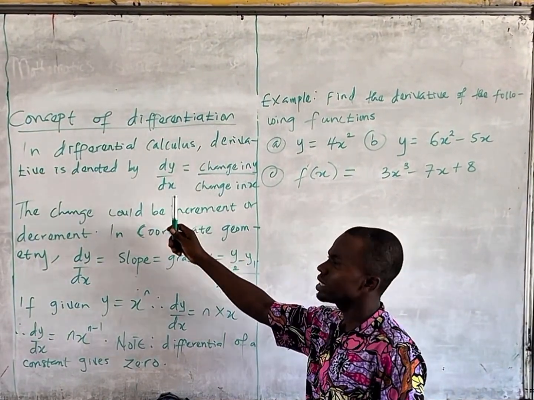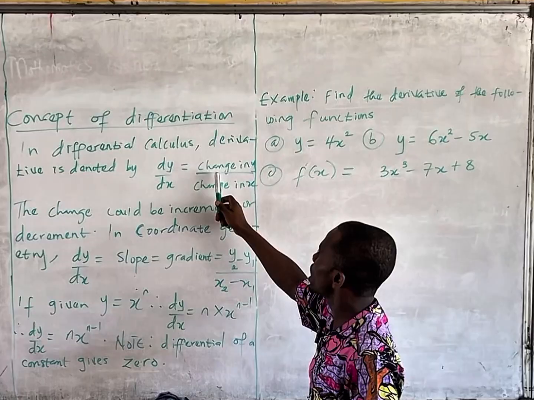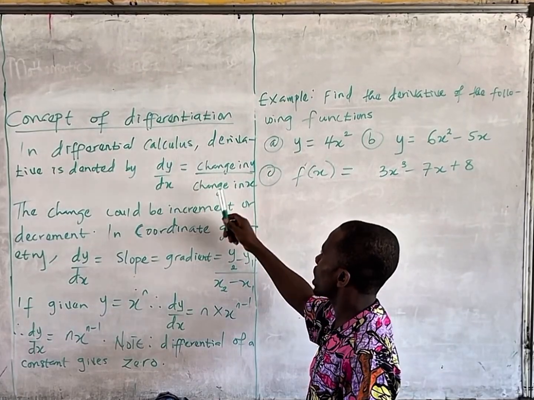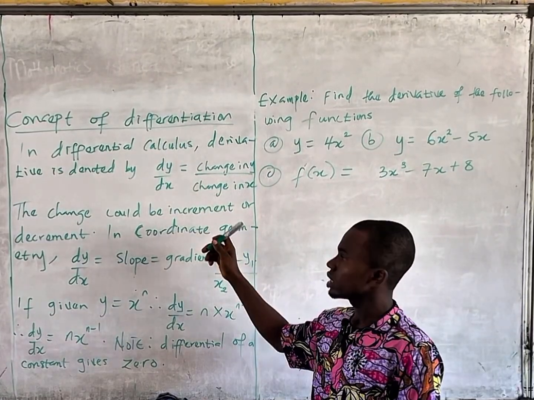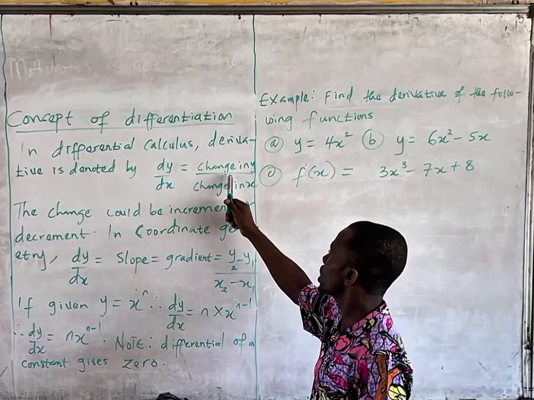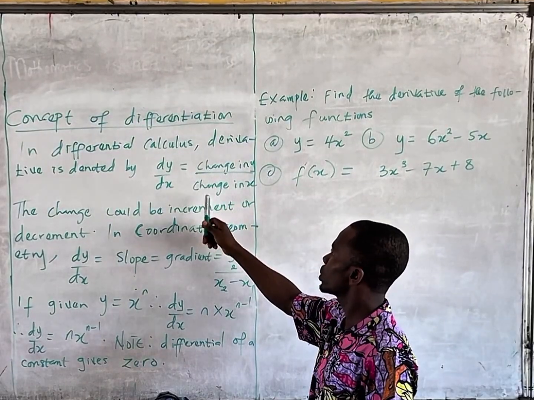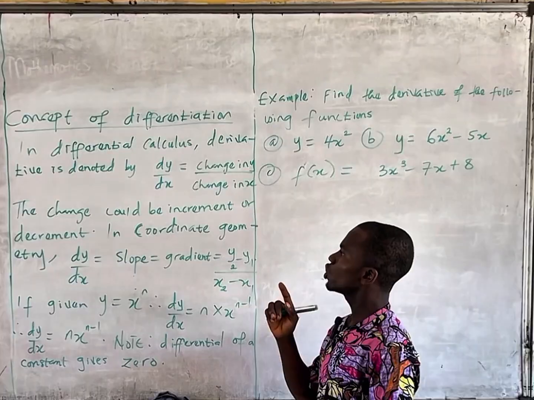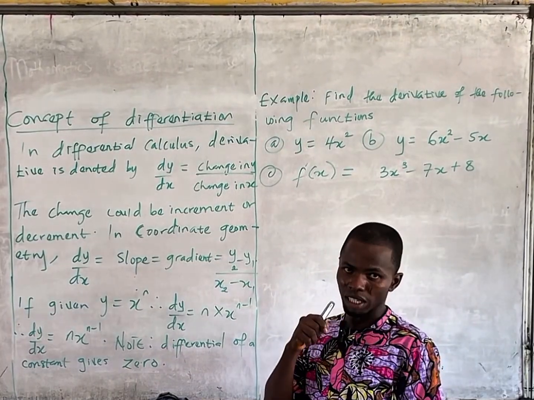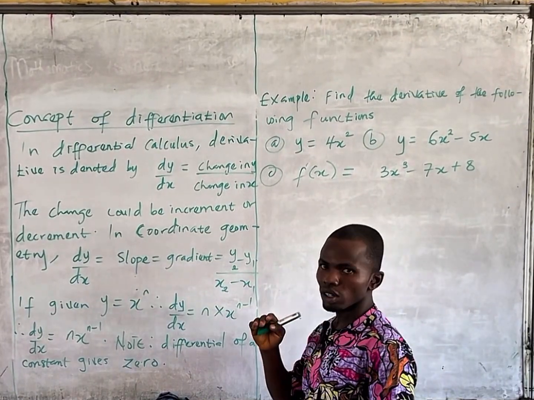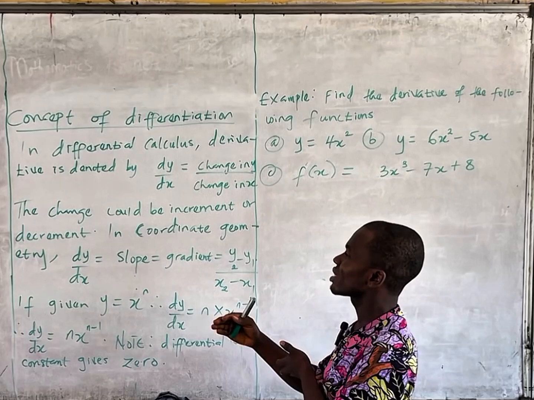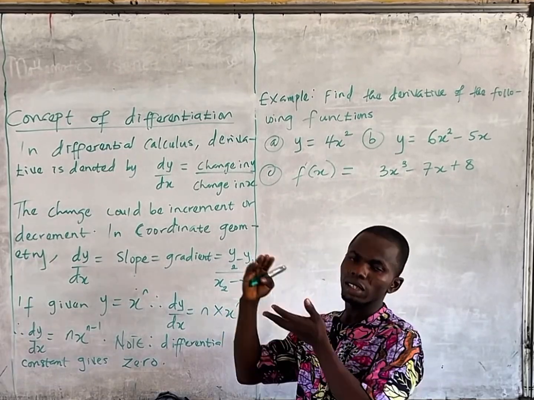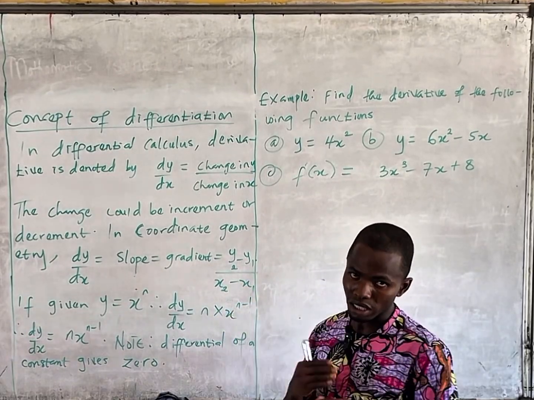And that dy over dx is equal to change in y over change in x. Please note this: the change could be increment or decrement. That is, it can be an increasing function or a decreasing function.